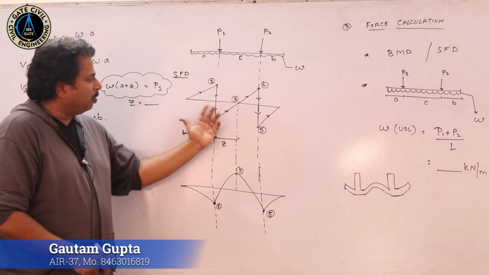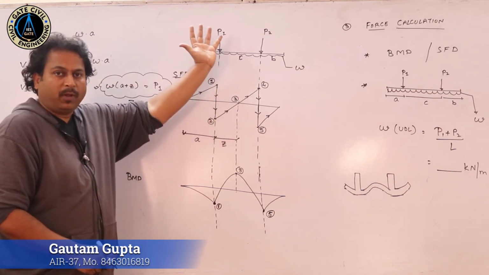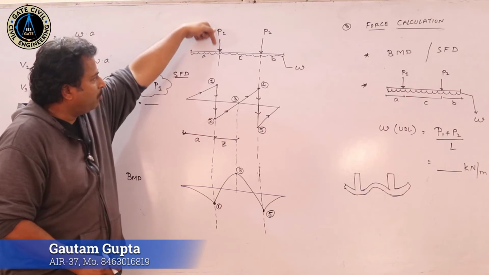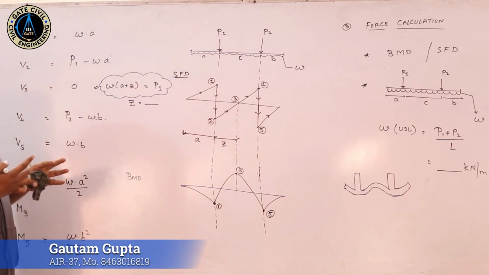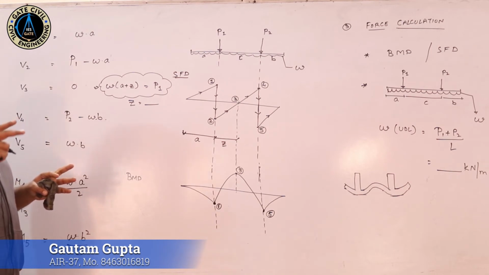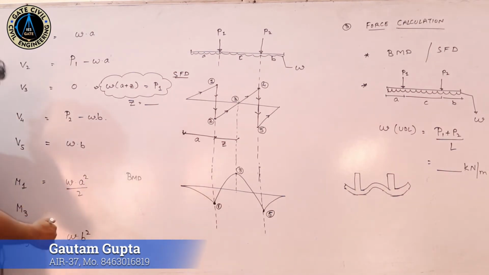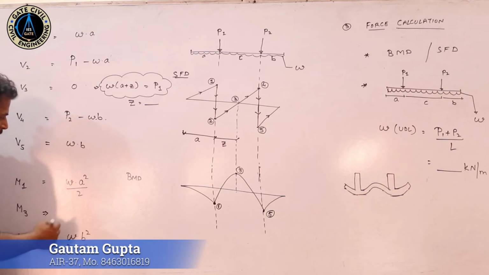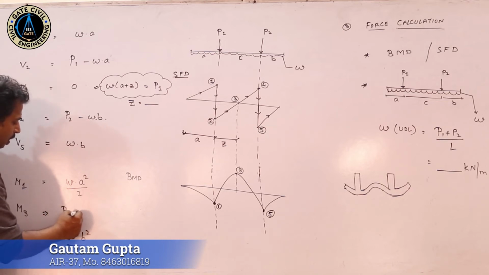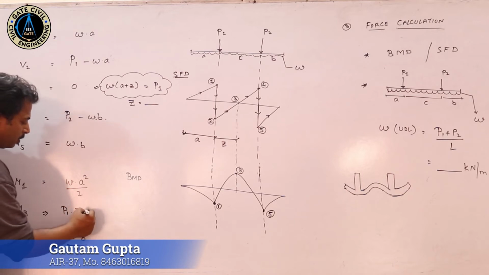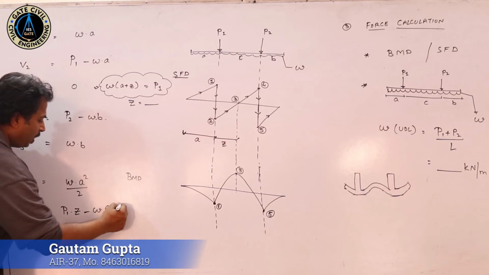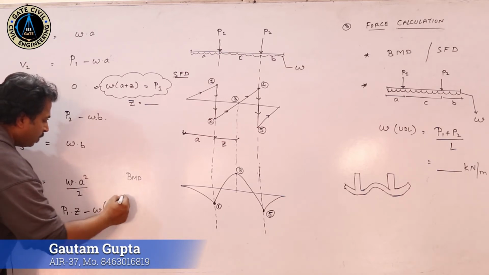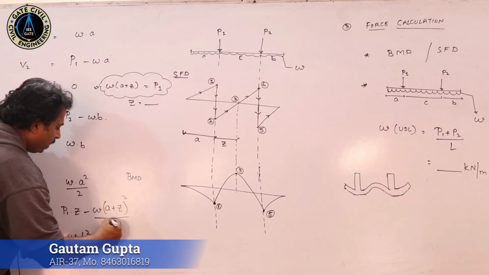moment due to this loading, A plus Z, moment due to P1. P1 and W are in opposite direction, so the moment will balance each other. That is, P1 into Z minus W(A plus Z) whole square by 2.